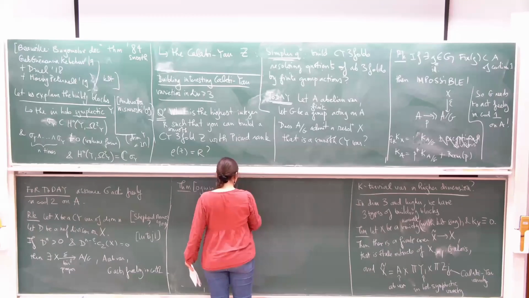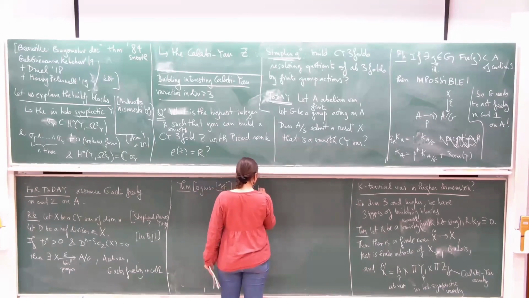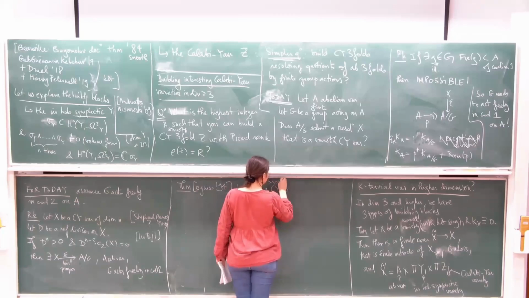So let X be a Calabi-Yau threefold, so a smooth Calabi-Yau threefold.